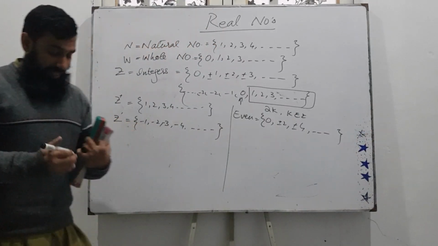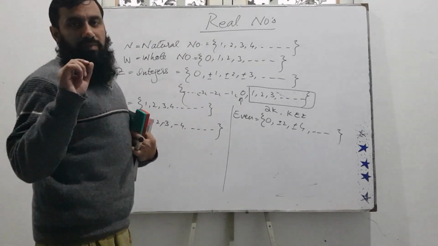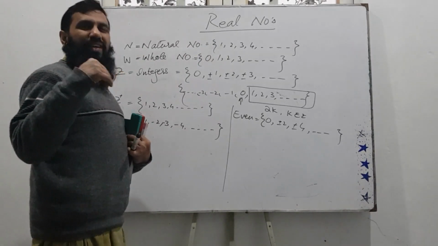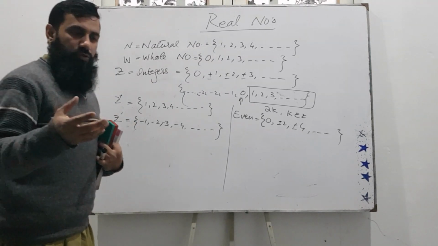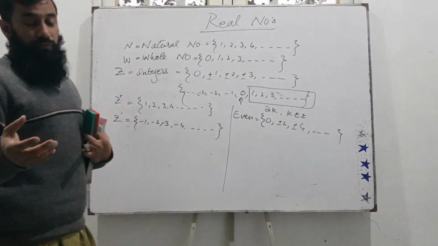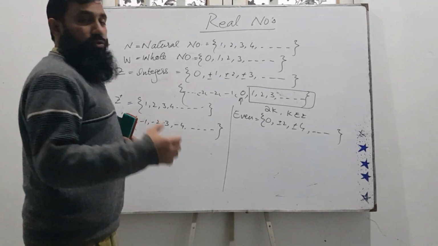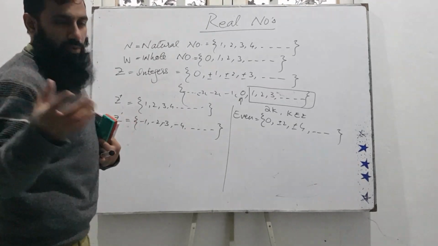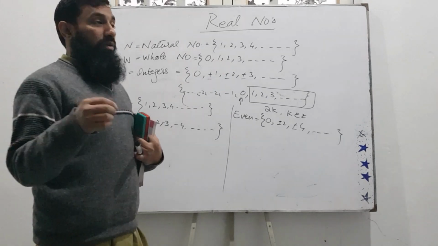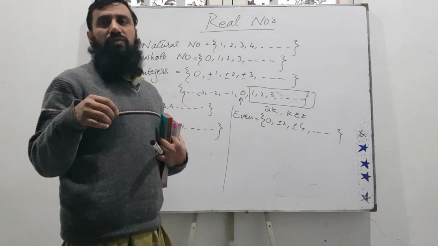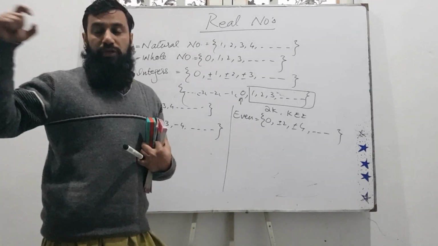It means the set of even numbers is the set of integers which are divisible by 2, or which are multiples of 2. Means 0 multiplied by 2 is 0, 1 multiplied by 2 is 2, 2 multiplied by 2 is 4, 3 multiplied by 2 is 6. In lower classes we also mentioned even numbers as those numbers which are divisible by 2: 2, 4, 6, 8, 10, and this also includes 0.